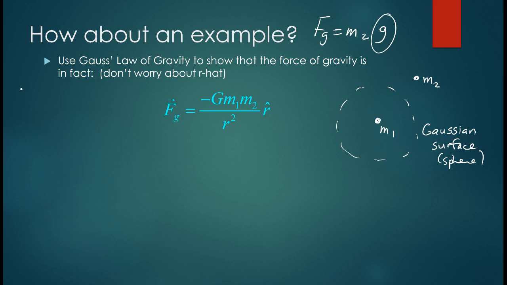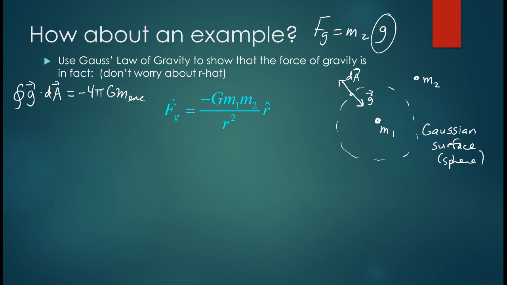Okay? Now we know that the surface integral of this gravitational field dotted with dA is equal to negative 4 pi big G times the mass enclosed. Okay, so one thing that we can do is we can note that at any point on this surface, G will be pointing inwards, but dA will be pointing outwards.